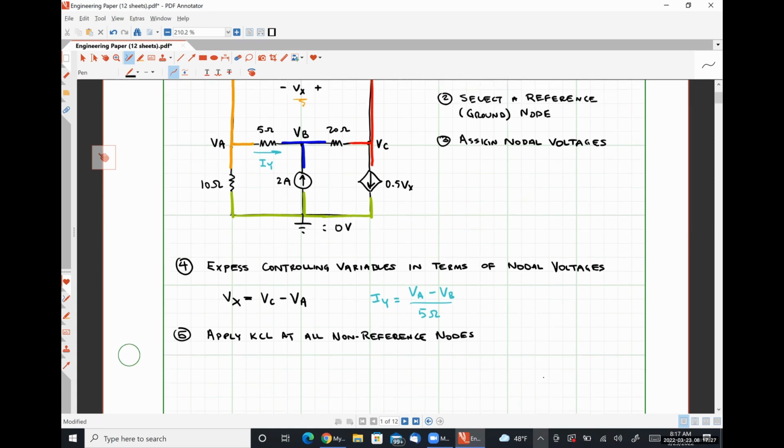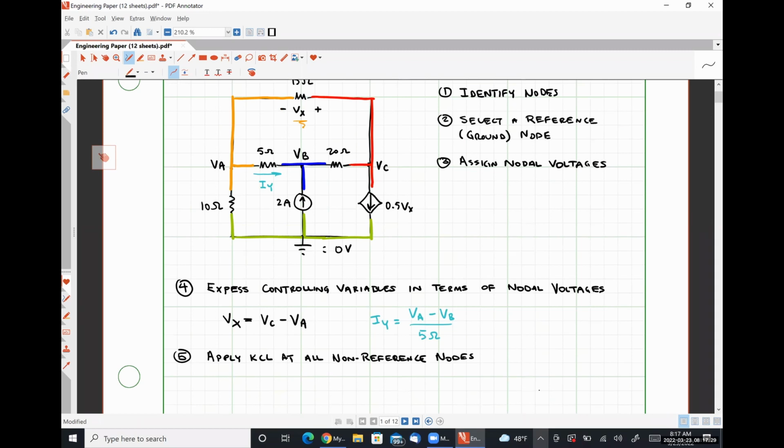So in this case, that would mean we're going to write a KCL equation for node A, node B, and node C, because none of those nodes are the reference node, right?